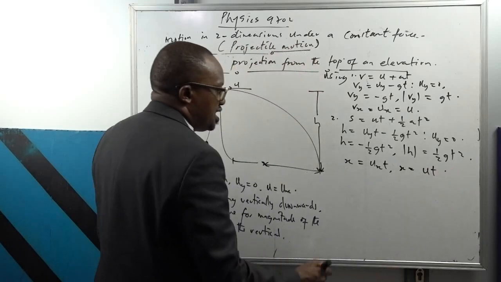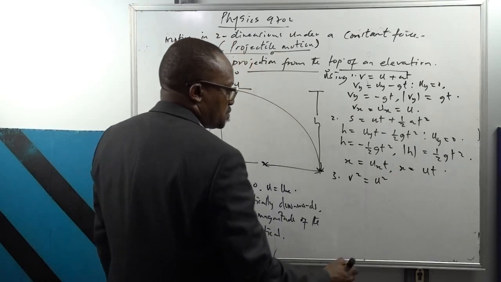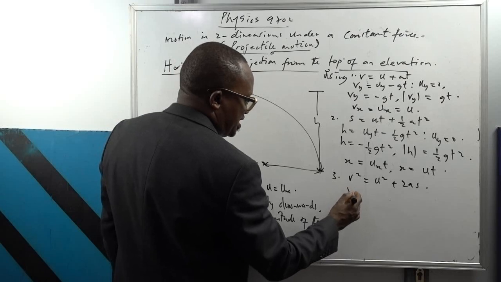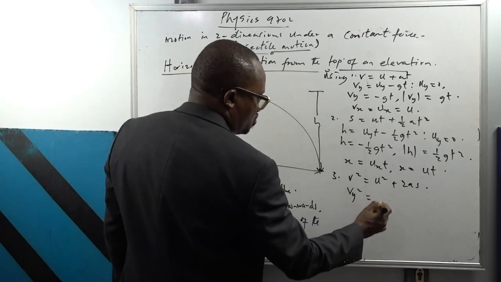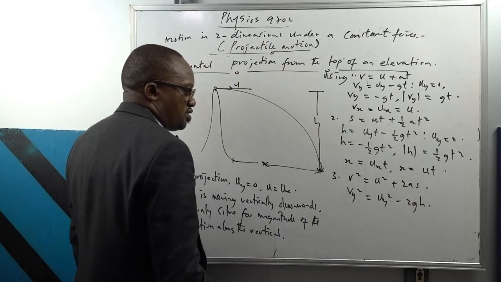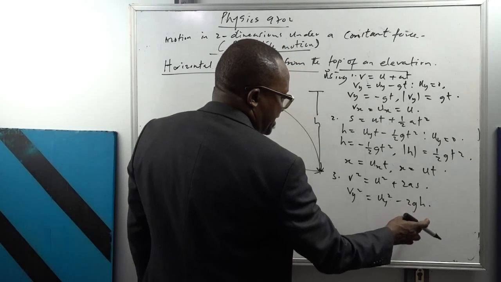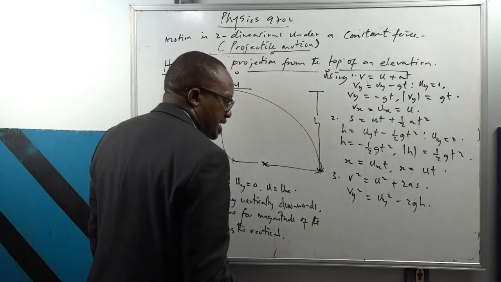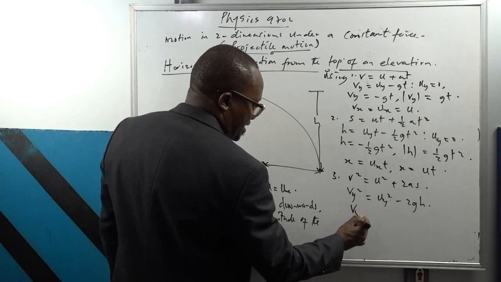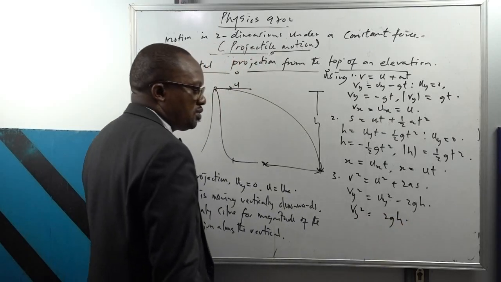Then using v squared is equal to u squared plus 2as, the vertical velocity vy squared becomes uy squared minus 2gh. In this case, don't forget that h is definitely minus h. By the time you square it, the magnitude of the vertical velocity squared will just be equal to 2gh.